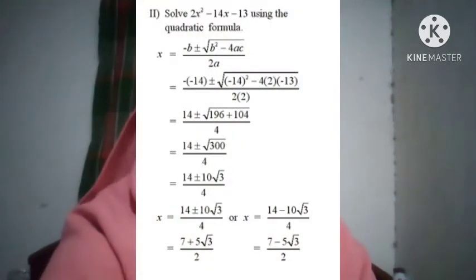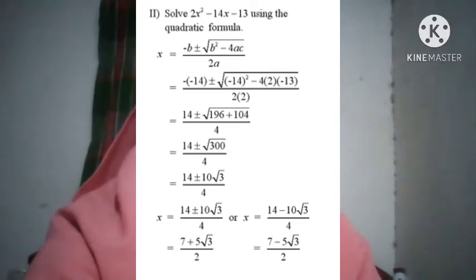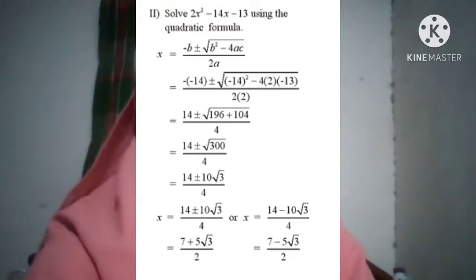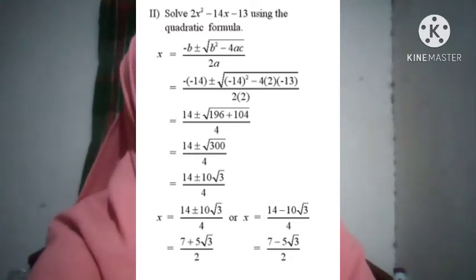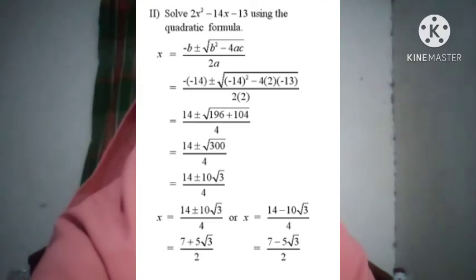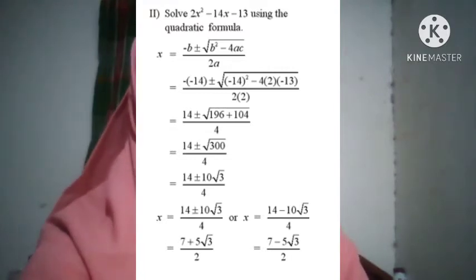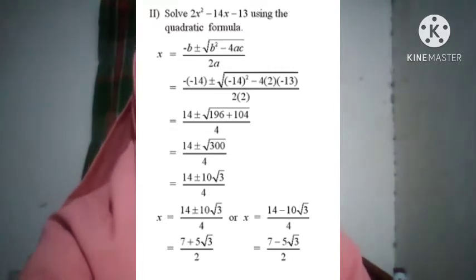The question is, solve 2x squared minus 14x minus 13 using the quadratic formula. Don't forget, to answer it, make sure that the equation equals 0.